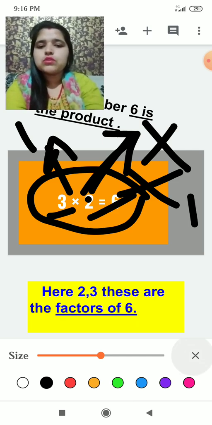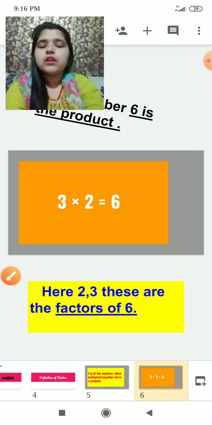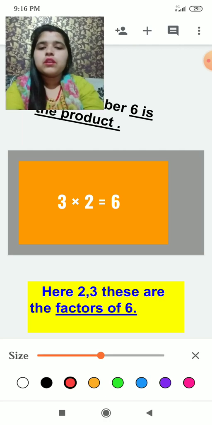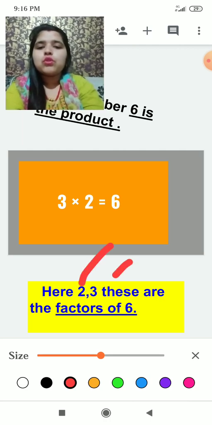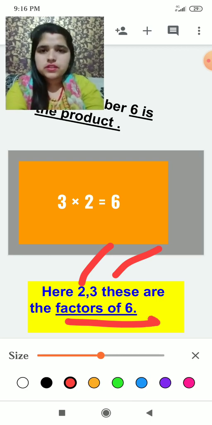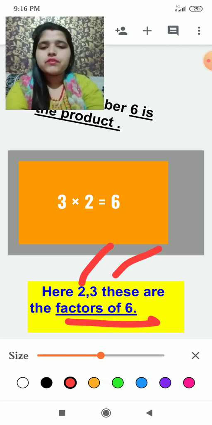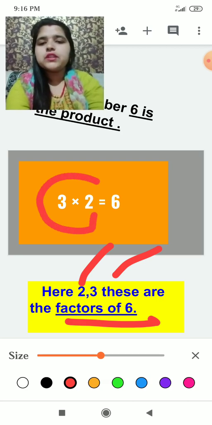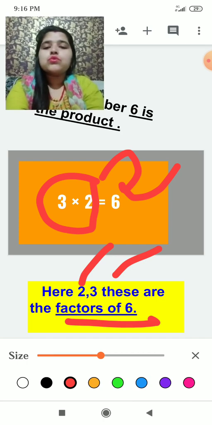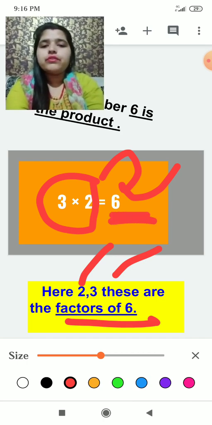Here, 2 and 3 are factors of 6. It means when we multiply these two numbers, we are getting 6. So 2 and 3 are the factors of 6.